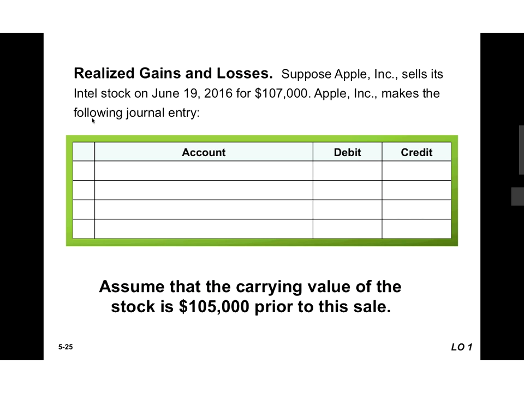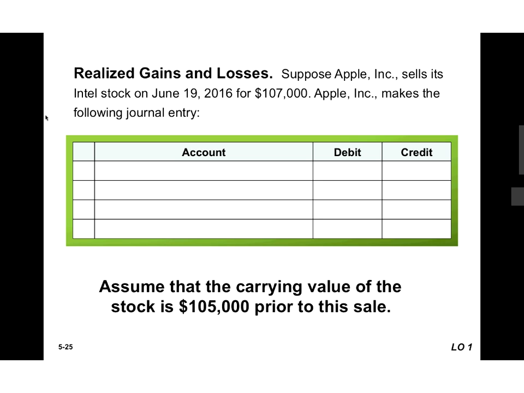Okay. So let's go through an example of this. Let's suppose that it sells its stock on June 19th for $107,000. Now note at the bottom, I've added a note. So if you have the PowerPoints, I added a note for this one. Assume that the carrying value of the stock is $105,000 prior to this sale. So we've got the stock valued at $105,000.